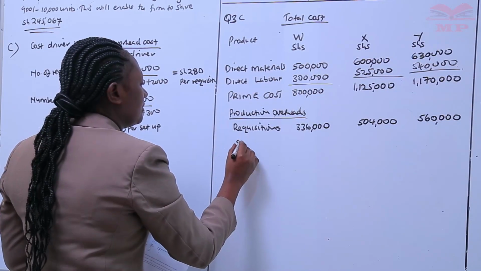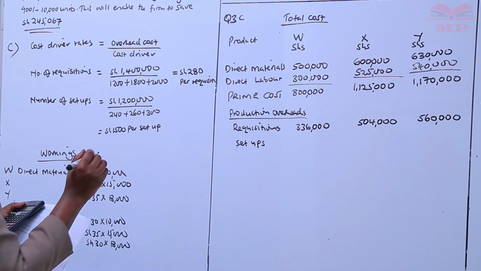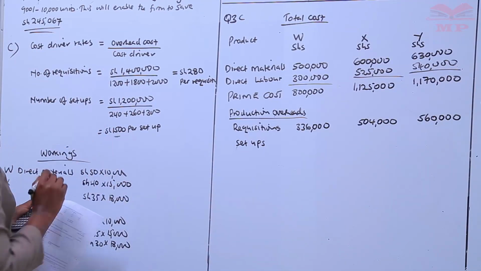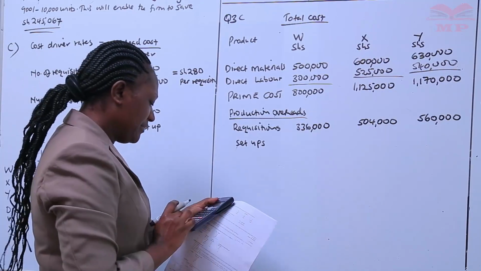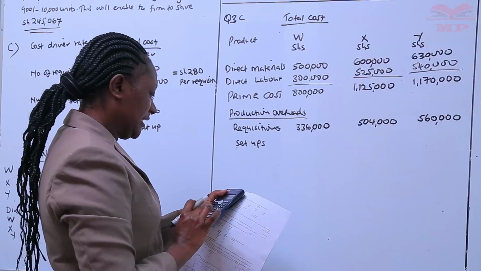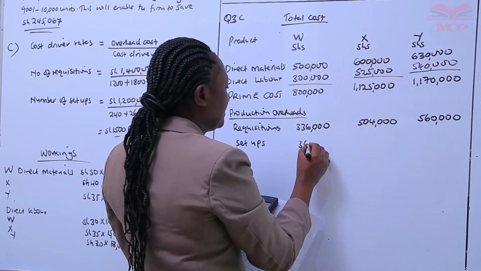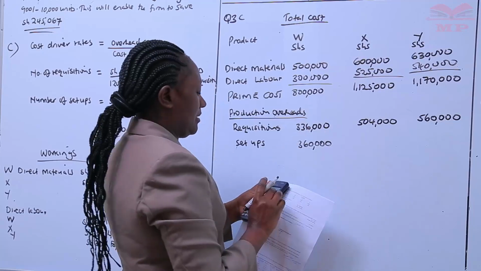Then we have setups. So the cost per setup was 1,500. And for W, we had 240 setups. So you take 1,500 times 240, which will give us 360,000.